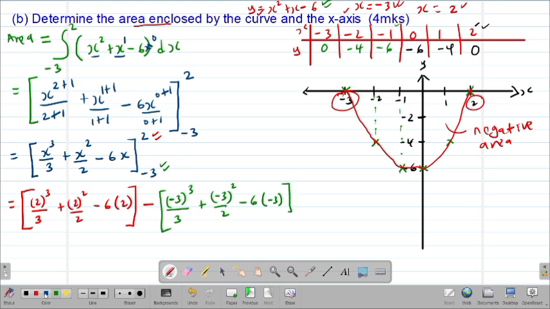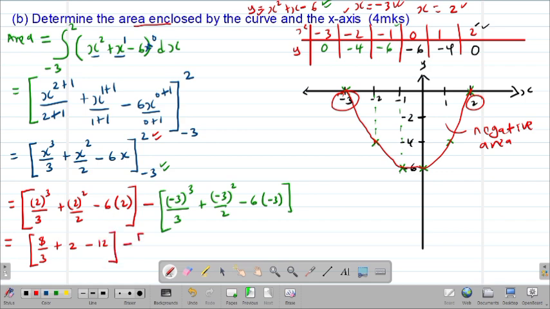This is going to simplify into the following. 2 to the power of 3 is positive 8, divided by 3, plus 2 squared is 4, 4 over 2 will be 2, then minus 6 times 2, which gives us 12.